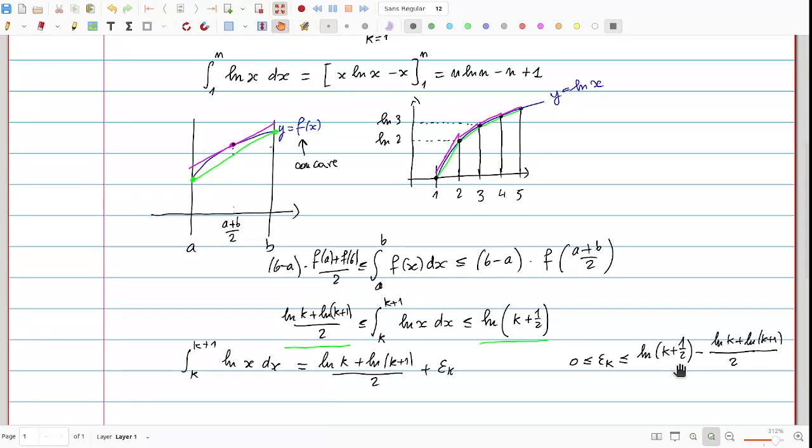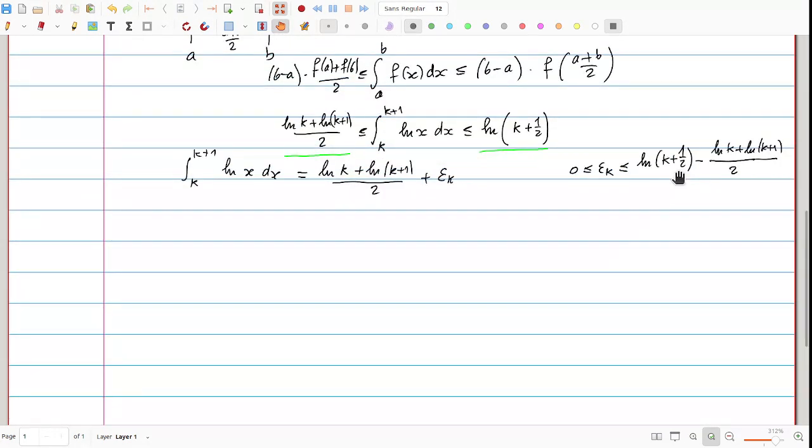And now we are interested in finding some approximation, some asymptotic of this epsilon k, and so we are going to make an approximation of this formula.